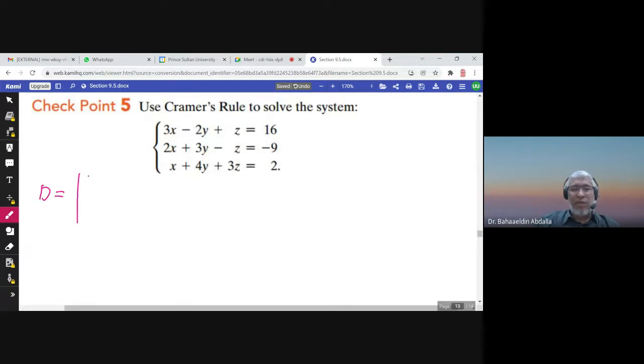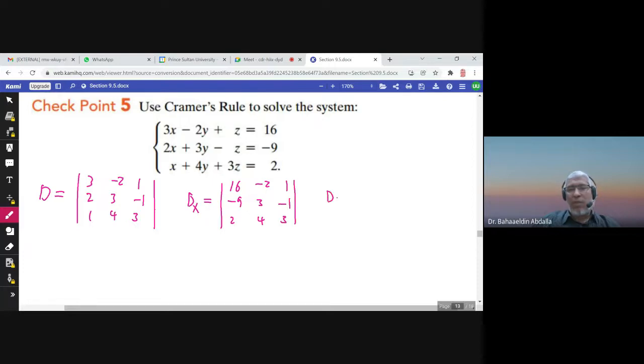This is the determinant D, and dx, this is the determinant dx, dy, and dz.